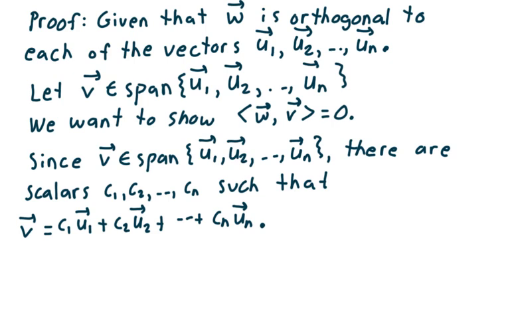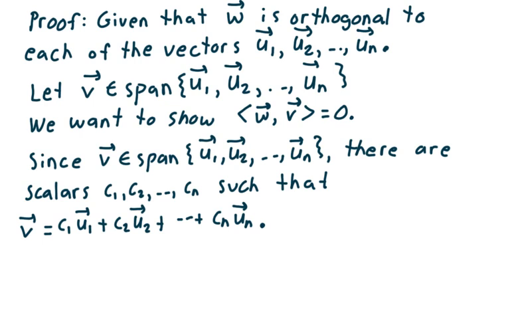Given that W is orthogonal to each of the vectors u1, u2 through un, what we're going to do is let V belong to the span of u1, u2 through un. And we want to show that the inner product of W and V is 0.